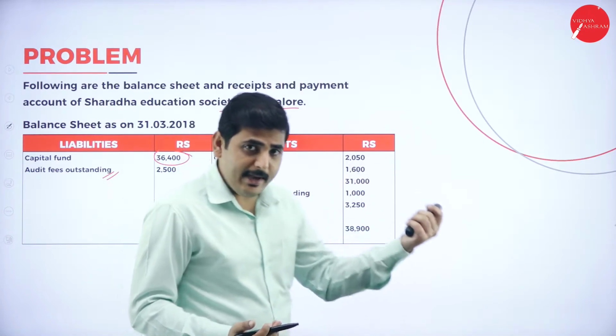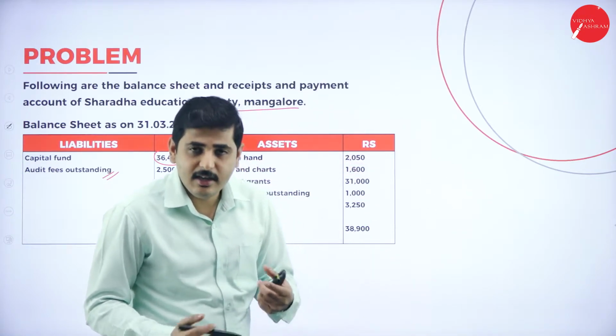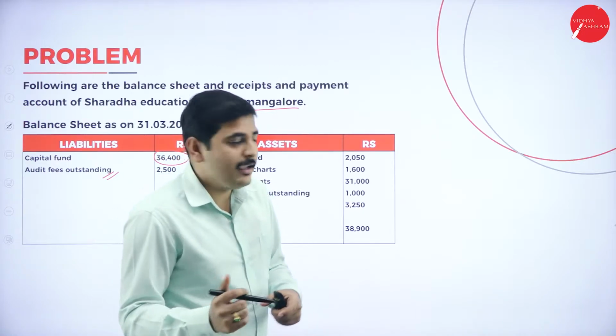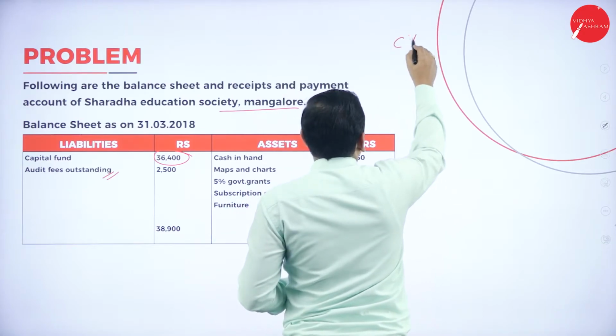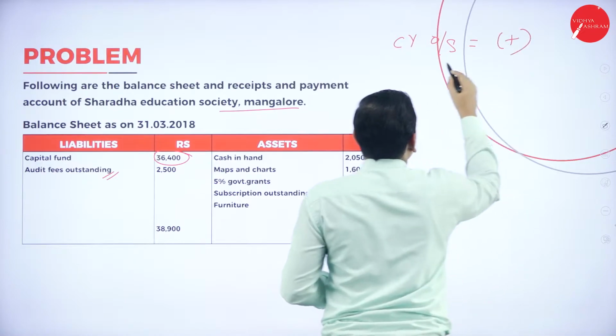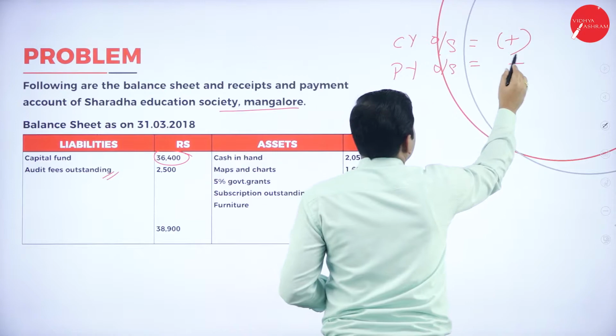Any prepaid or advance payment of the previous year we should add it. Any prepaid or advance payment of the current year we should deduct it. Current year outstanding we should add it. Previous year outstanding we should deduct it.